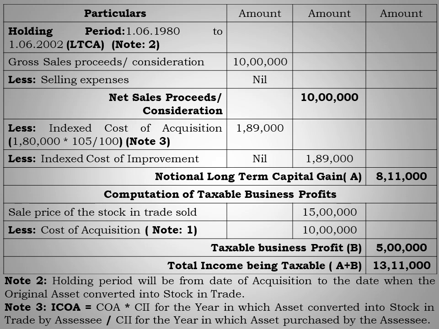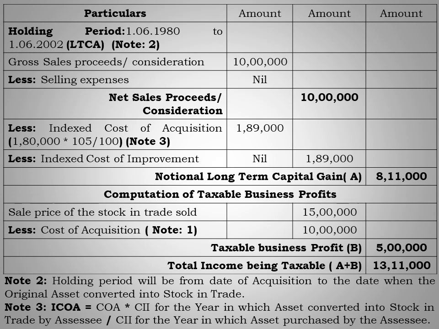Here also the same case: the cost of acquisition will be the fair market value on the date of conversion of the capital asset into stock in trade. I have provided this in the previous slide in note number 1, which is applicable for both the gross sales proceeds and the cost of acquisition. So the cost of acquisition is 10 lakh, therefore the taxable business profit, that is the second part, comes to rupees 5 lakh.